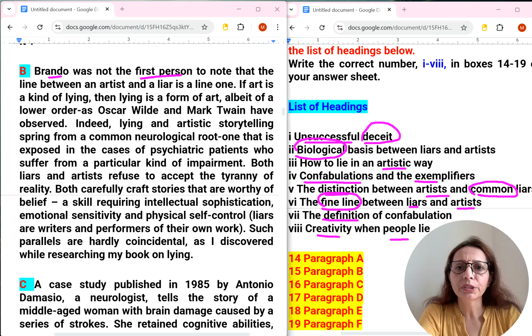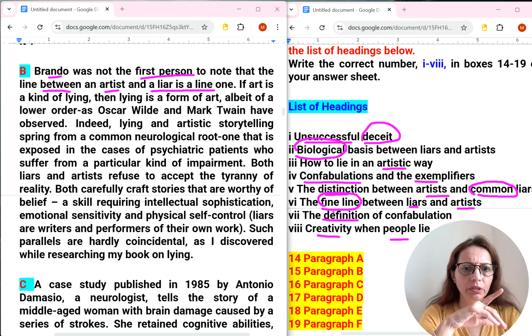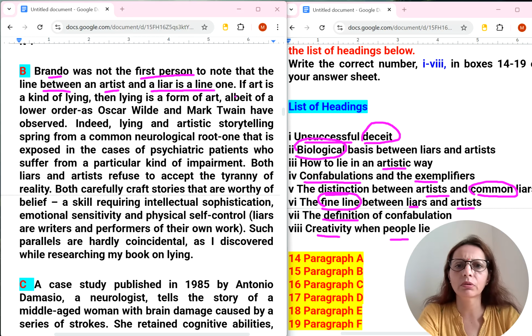Brando was not the first person to note that the line between an artist and a liar is a line one. Okay. So somewhere they were talking about the fine line between liars and artists. If art is a kind of lying, then lying is a form of art, albeit of a lower order, as Oscar Wilde and Mark Twain have observed.